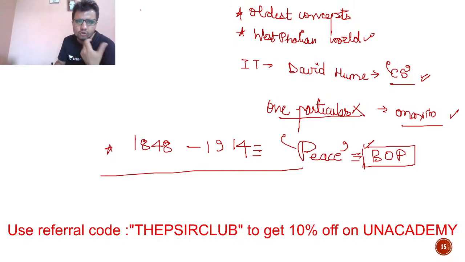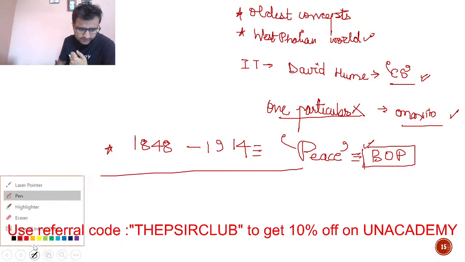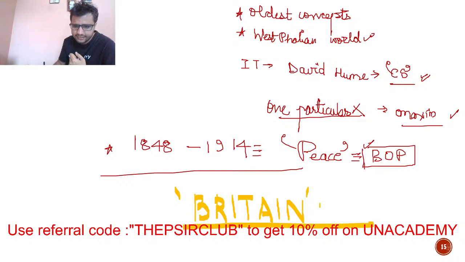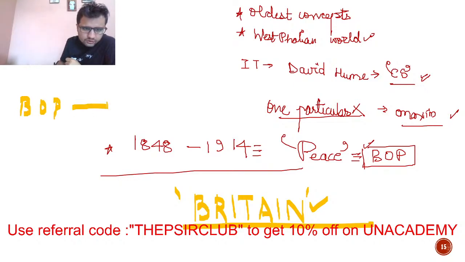One country which is known as an expert in balancing power is, you can say, Britain. Britain is an expert player when it comes to balance of power, and it is said the Britishers have converted balance of power into a fine art.